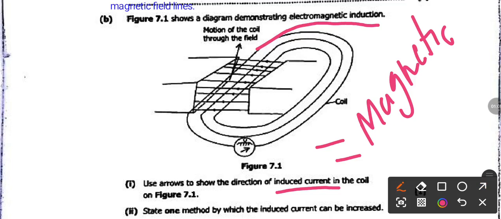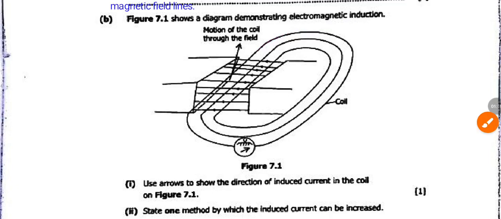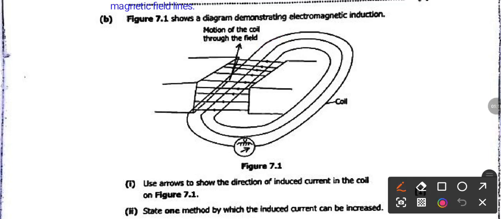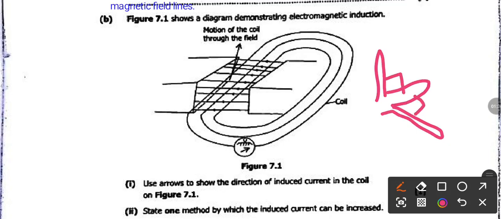Fleming's right-hand rule tells us that if we position the thumb, the first finger, and the second finger of the right hand mutually at right angles to each other, so like that, the thumb should point in the direction of motion of the conductor.